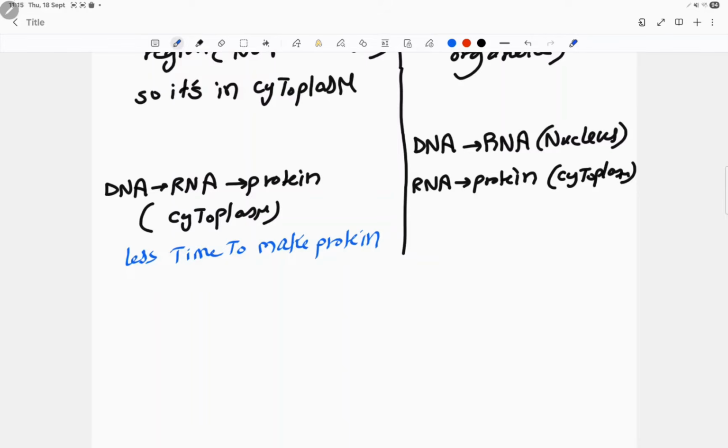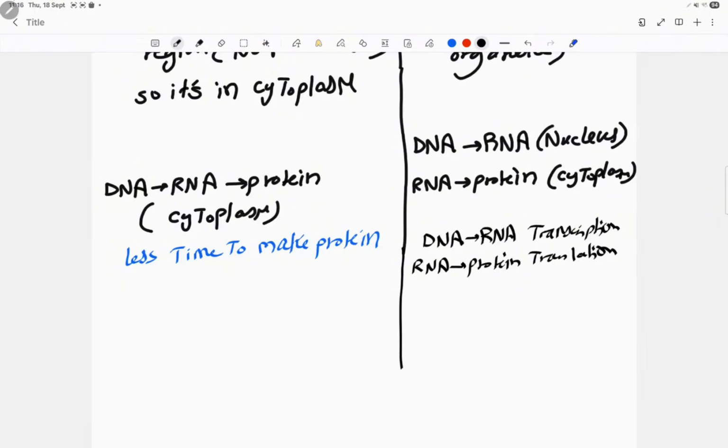Now, I want someone here to tell me what DNA to RNA was, the process called. Who knows? I was going to go with transcription. And how about RNA to protein? Thank you. So translation and transcription in the eukaryote will occur in different places.